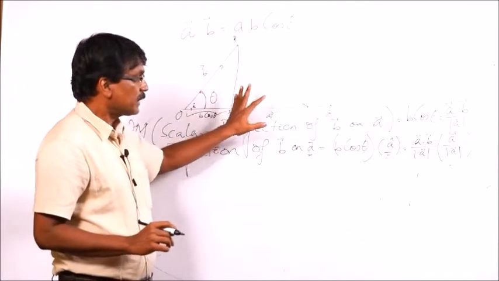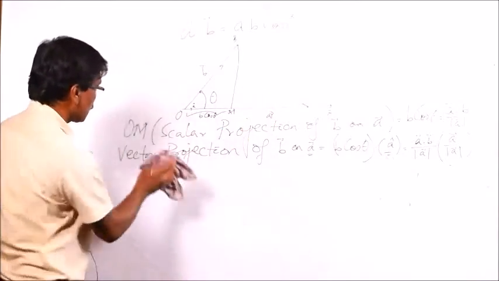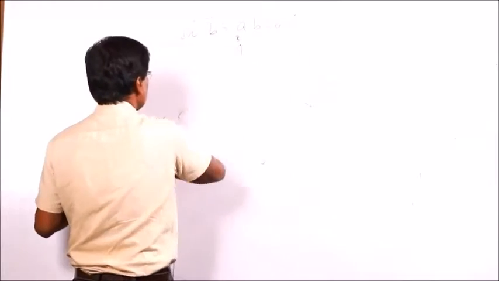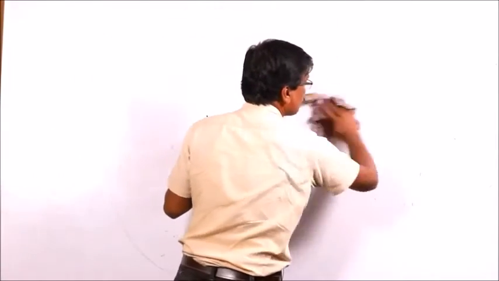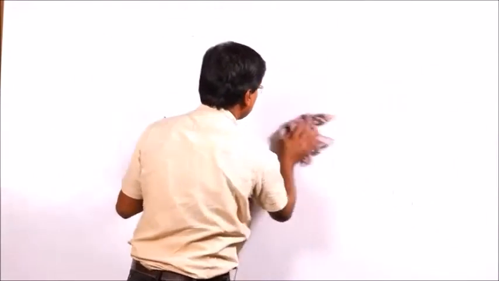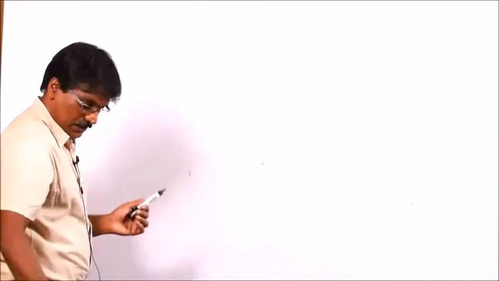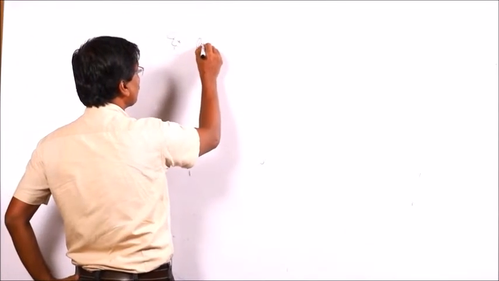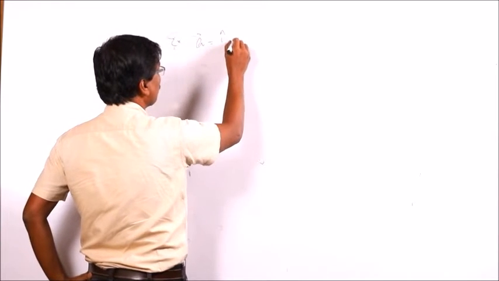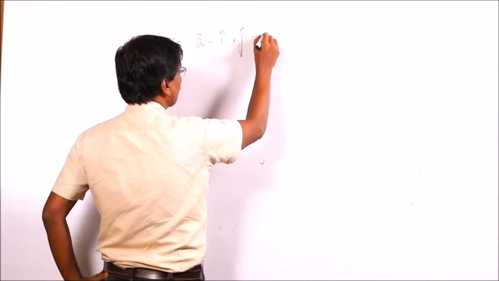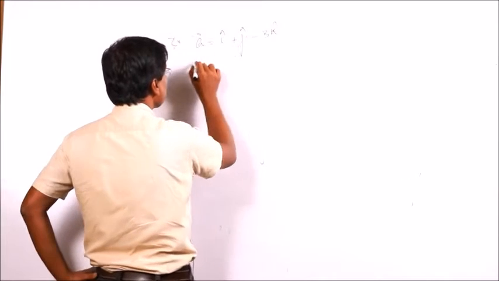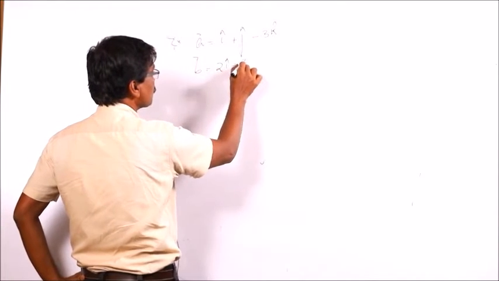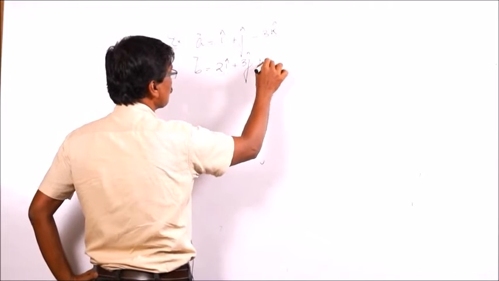So, we can take an example of scalar and vector projection. Suppose we are given two vectors, say A vector is equal to i cap plus j cap minus 3k cap, and B vector is equal to 2i cap plus 3j cap plus 4k cap.